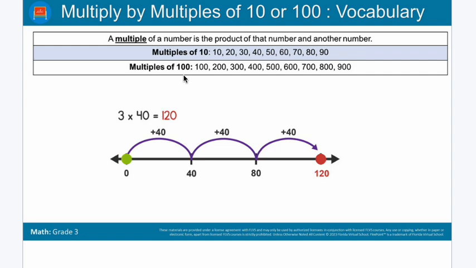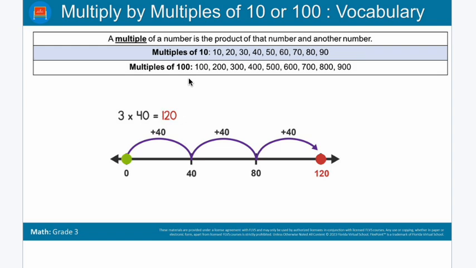When we are skipping out by the number 100, we're getting 100, 200, 300, 400, 500, 600, 700, 800, 900, 1,000. So when we're skip counting by multiples of 10, we are just skip counting by tens. When we're skip counting by multiples of 100, we are skip counting by groups of 100.